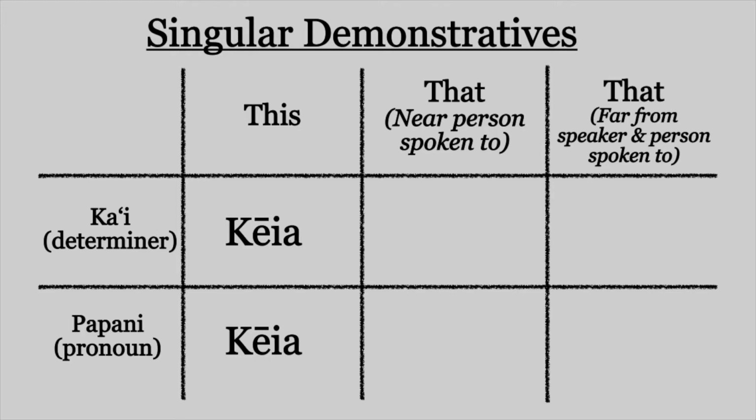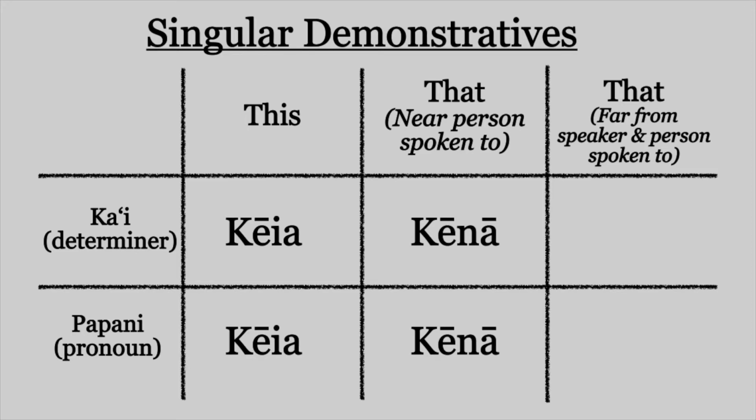Our word for that, when the object is near the person being spoken to, as a ka'i, ke na, such as ke na pua, that flower. As a papani, also ke na, such as he pua ke na, that is a flower.